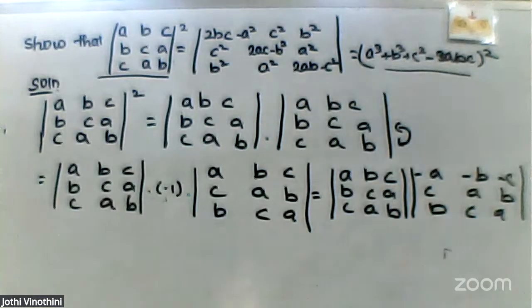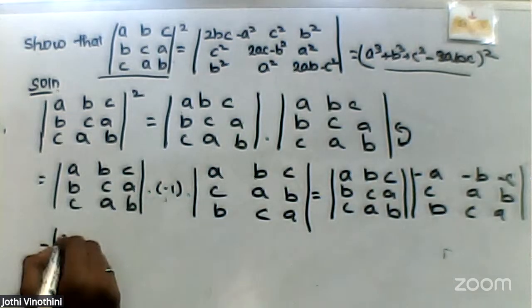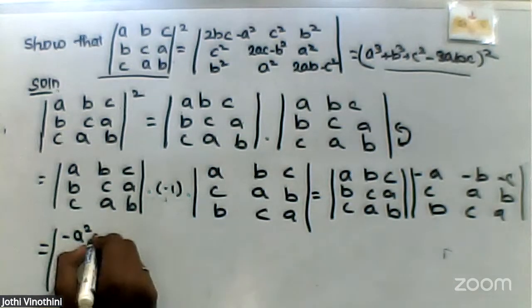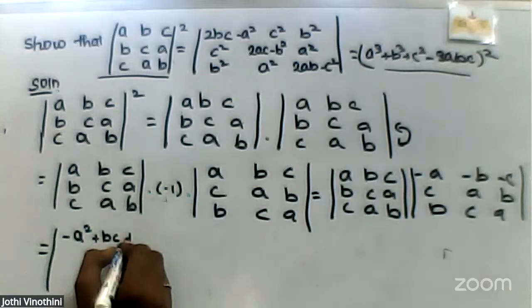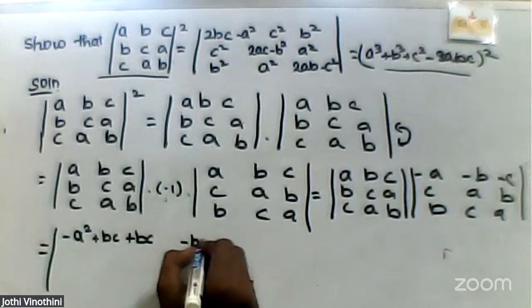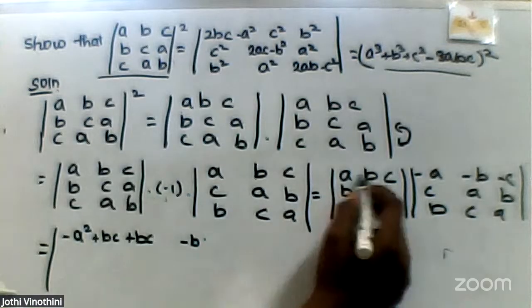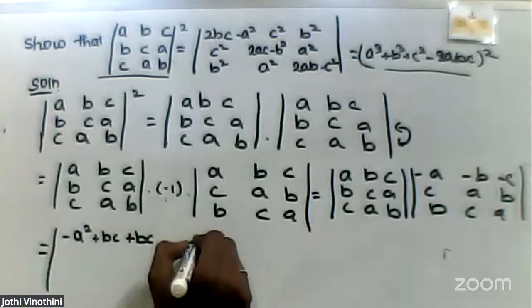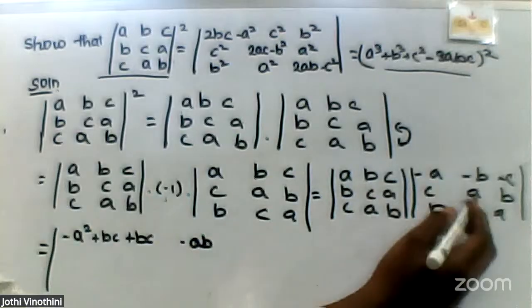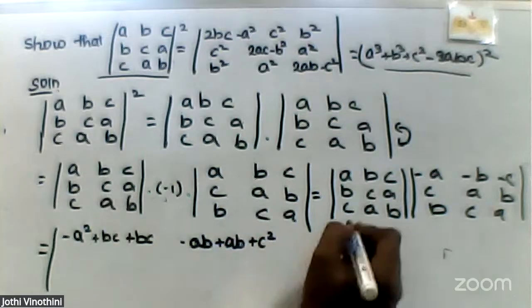So now what I am going to do is just a simple matrix multiplication, right? So this row will be multiplied by this row. What we will get? Minus A squared plus BC plus BC. While doing this, AB minus AB plus AB plus C squared.